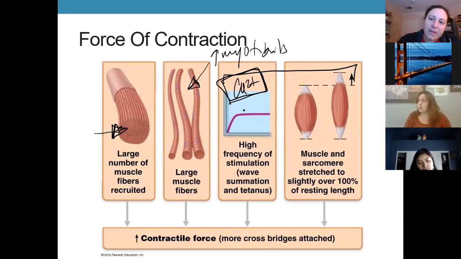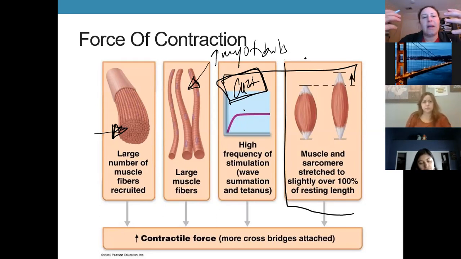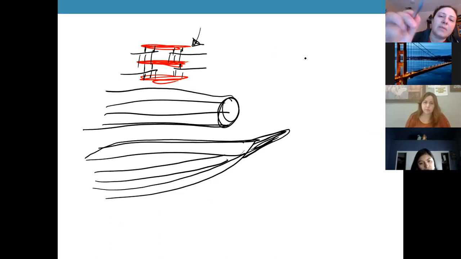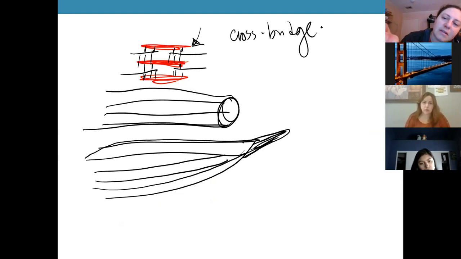And then this guy, our length tension relationship, is also all about maximizing, so that every single myosin is binding in those muscle fibers. So it's basically this direct relationship where cross bridge formation equals contraction. Does that make sense? I can try a different way if that doesn't make sense.